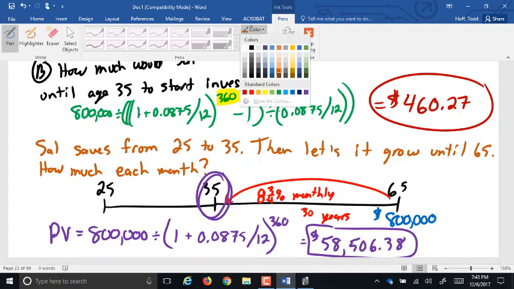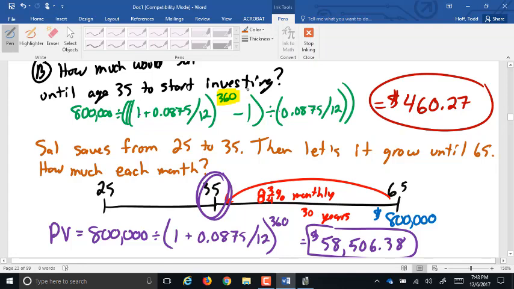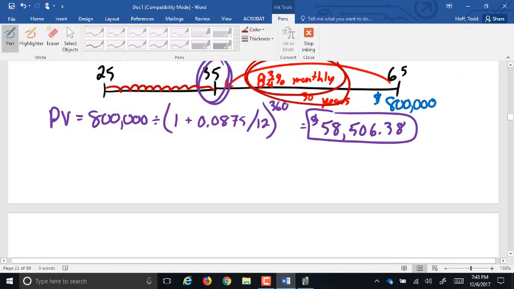Now, to keep working backwards, there's going to be monthly payments, regular payments here from 25 to 35 at that 8.75% monthly, 10 years, but it's going to be monthly payments. So this is that annuity formula.